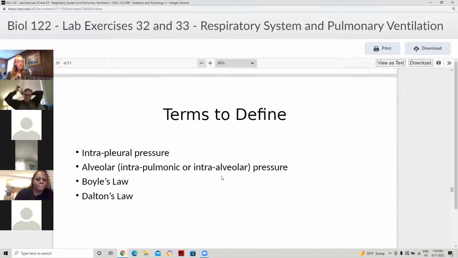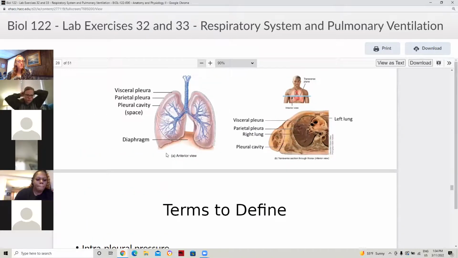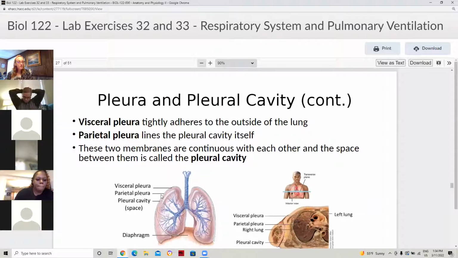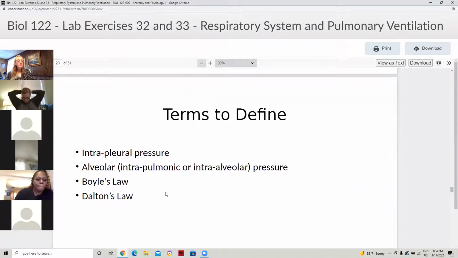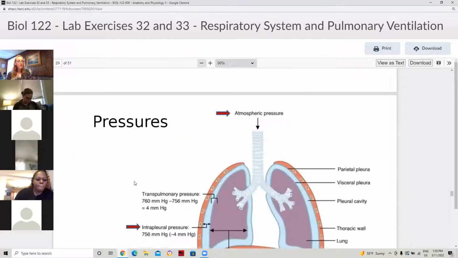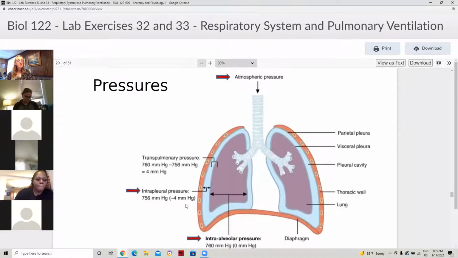So intrapleural pressure, meaning in between the two pleura, and alveolar pressure, or intraalveolar pressure, or intrapulmonic pressure. Boyle's law and Dalton's law. So we have different pressures here.